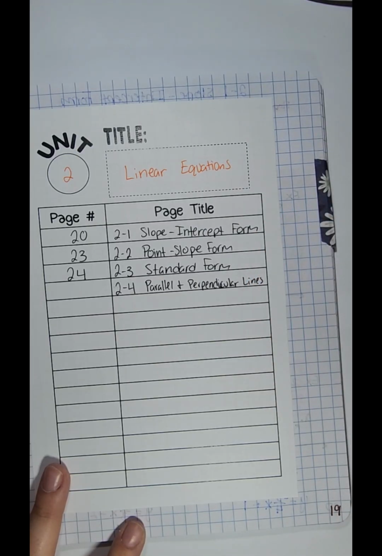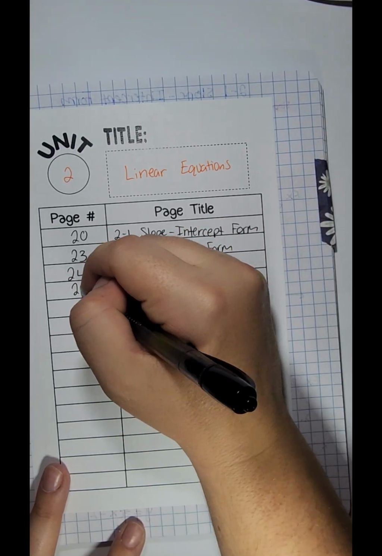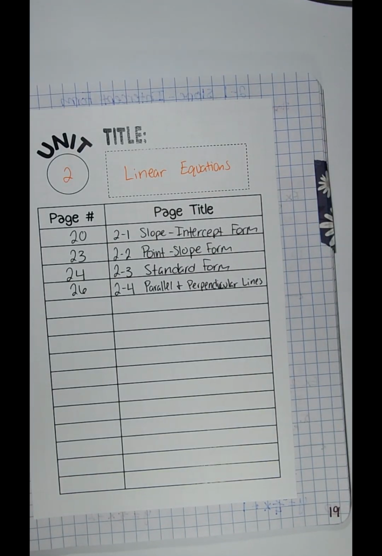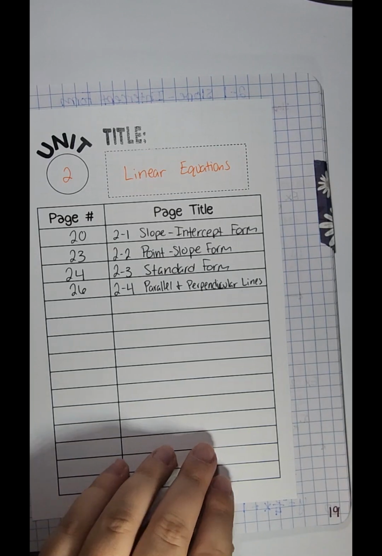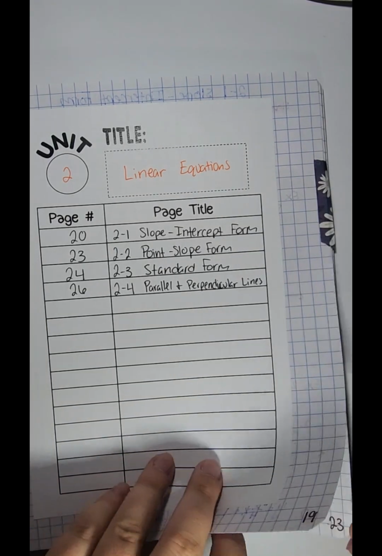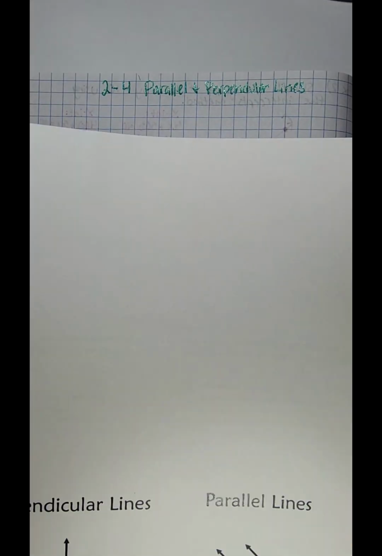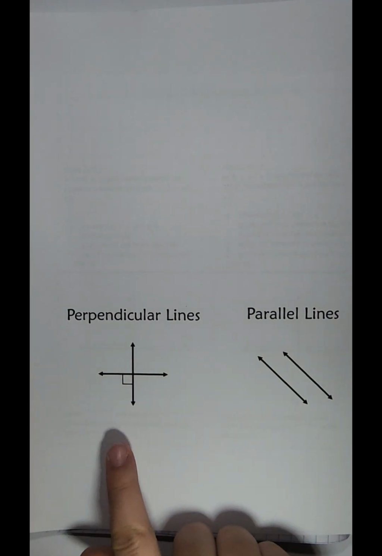And for me, that happens to be on page 26. You'll need to check yours to see what page number your section is beginning on. All right, I'm going to flip back to my page.